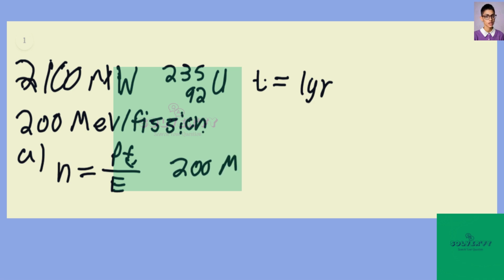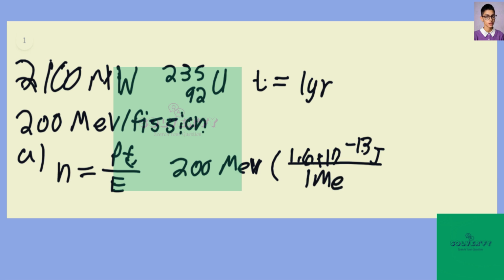So 200 mega electron volts, at 1.6 times 10 to the minus 13 joules per mega electron volt, gives us 3.2 times 10 to the negative 11 joules.